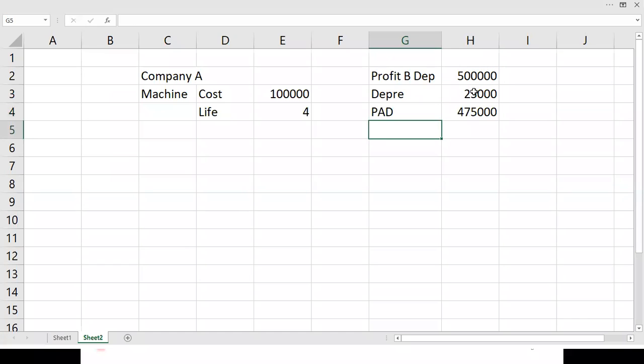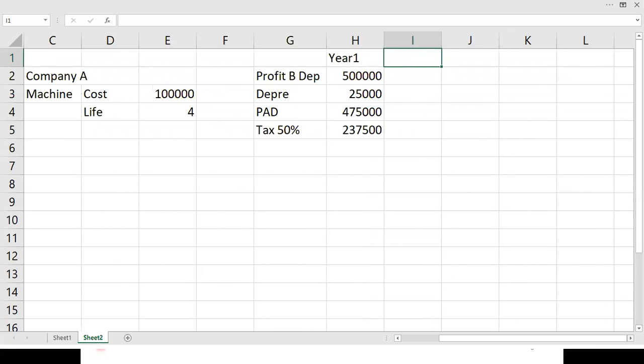Now assume the tax rate is 50%. Then how much income tax? 237,500. This is year one, so we can go up to 4 years.